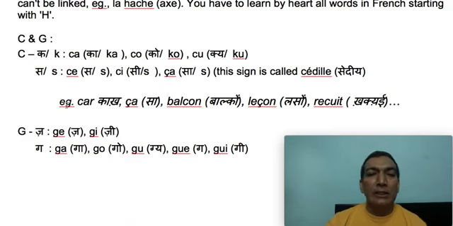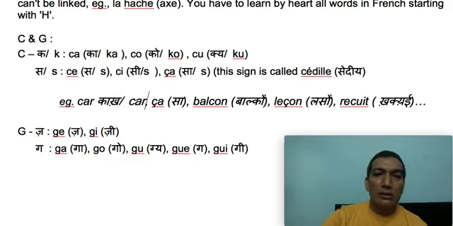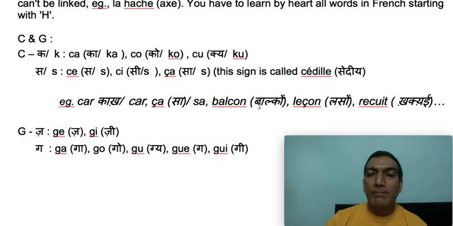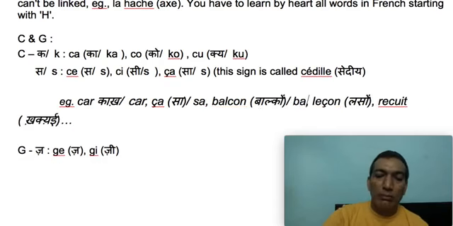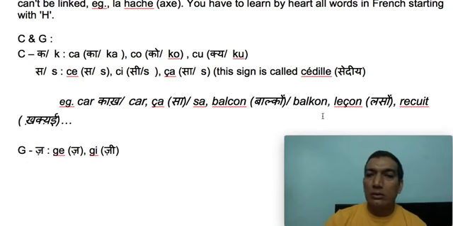Okay, so some examples: car, I will also write it: car, ça, balcon, to remember how it is pronounced. So car, which means because. Ça, which means that.